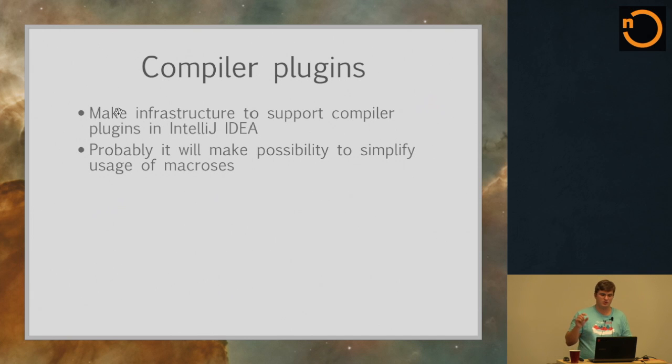In these cases, you will be able to just put some small instructions and describe what you want from this compiler plugin. And probably bundle these instructions into compiler plugin binaries, so IntelliJ will be able to read them from binaries and just start highlighting it in the right way in the editor. So probably this meta information will make it possible to simplify usage of macros if somebody uses them.